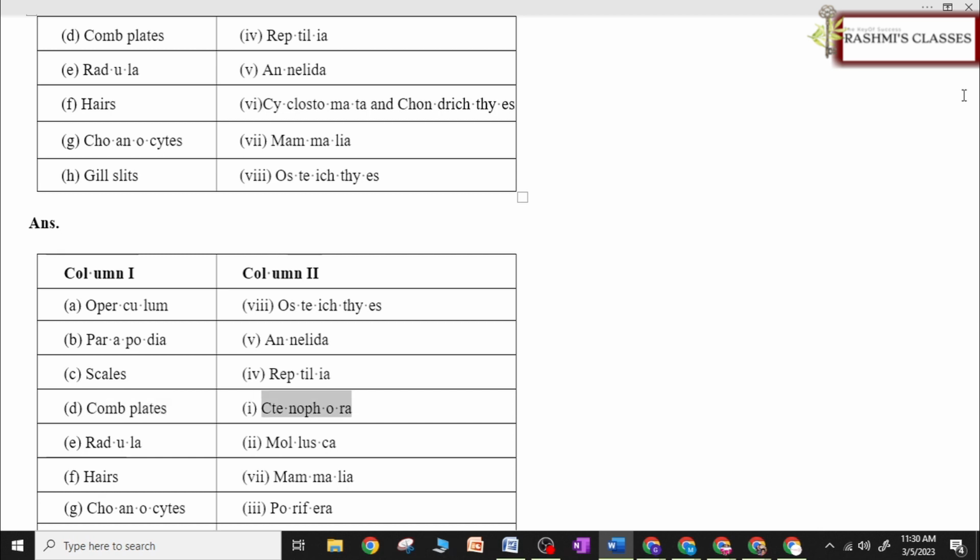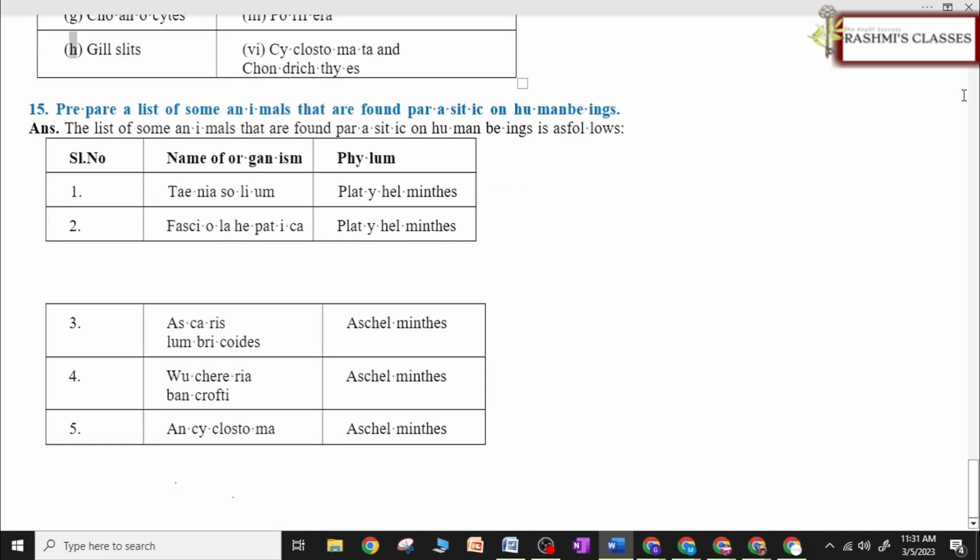Ctenophora. E. Radula, 2. Mollusca. F. Hairs, 7. Mammalia. G. Choanocytes, 3. Porifera. H. Gill slits, 6. Cyclostomata and Chondrichthyes.